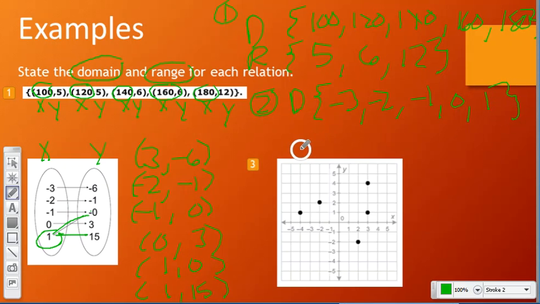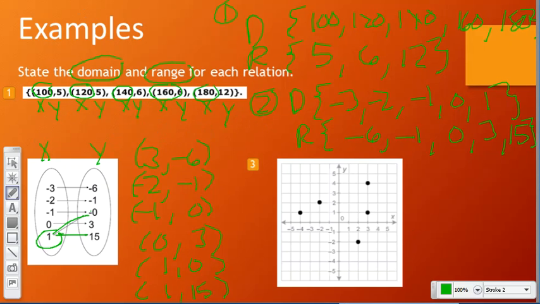Okay, so there's our domain. Our range is negative 6, negative 1, 0, 3, and 15. So that is our domain and range for this relation, number 2.